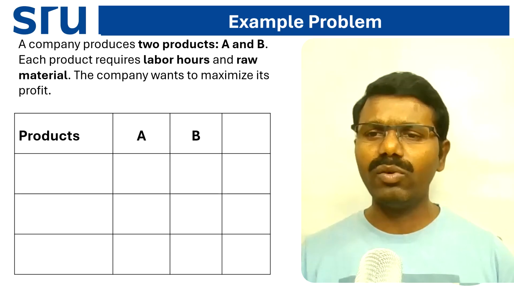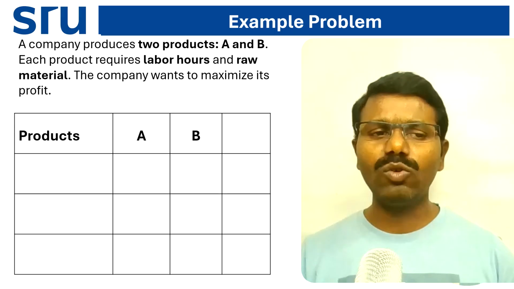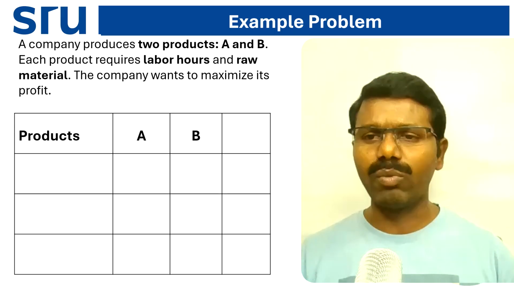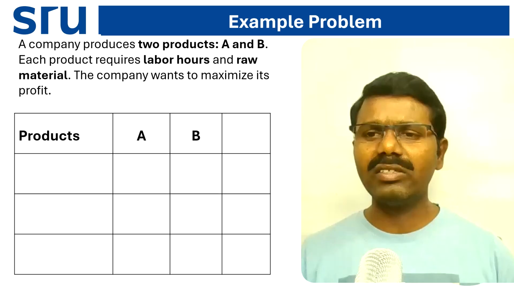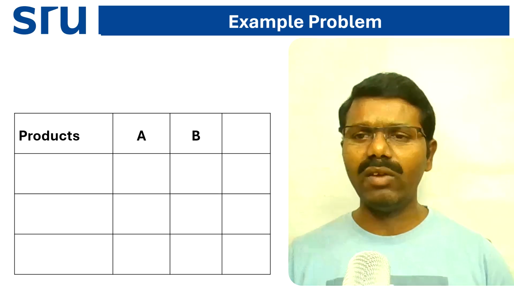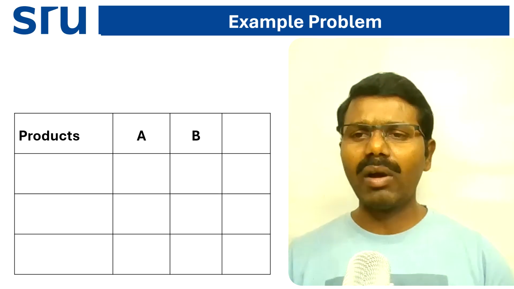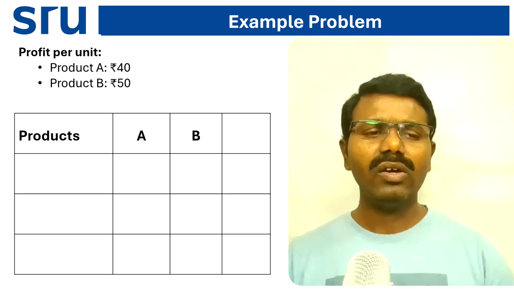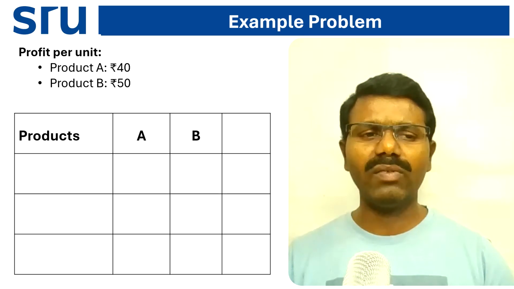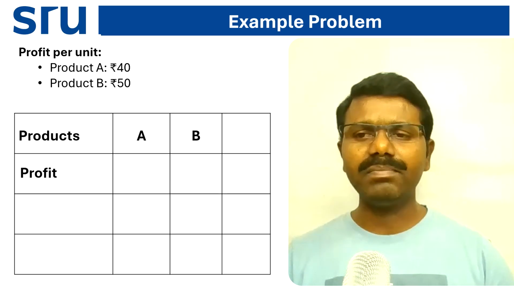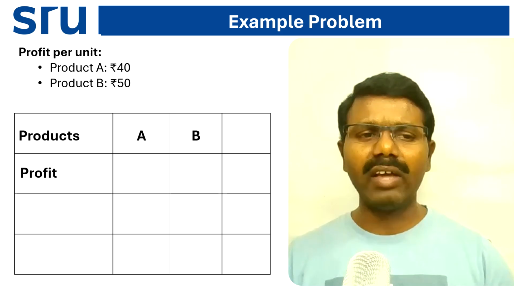If you draft it, there are two types of products, product A and product B. In the problem they also mention that the profit per unit is 40 rupees and 50 rupees. So under products, you write the profit: from product A the profit is 40 and from product B the profit is 50.